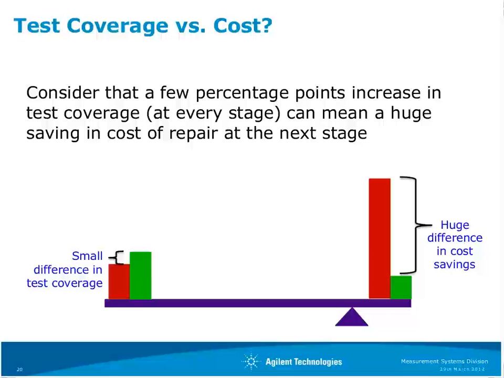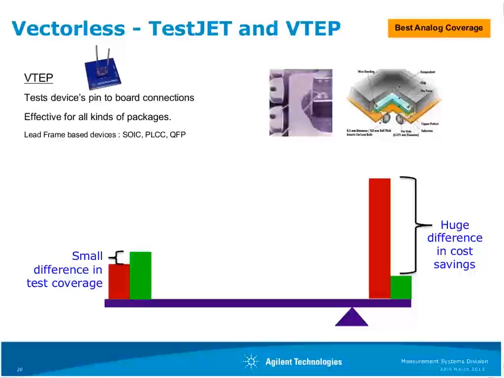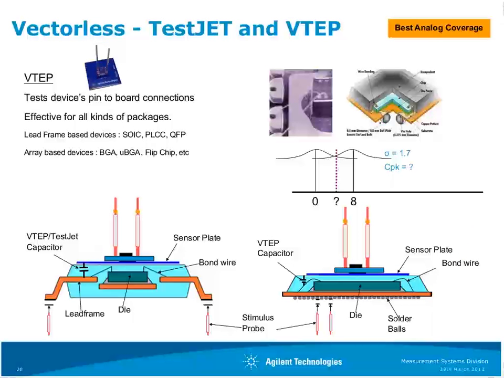So let's consider test coverage. A small difference in test coverage in our defect detection zone can make a huge difference in cost savings. Every percentage point that we can increase in test coverage from a simple test stage saves us costs in real terms in capturing those defects. Just to highlight some of the difference between a typical MDA employment of a vectorless test and VTEP.